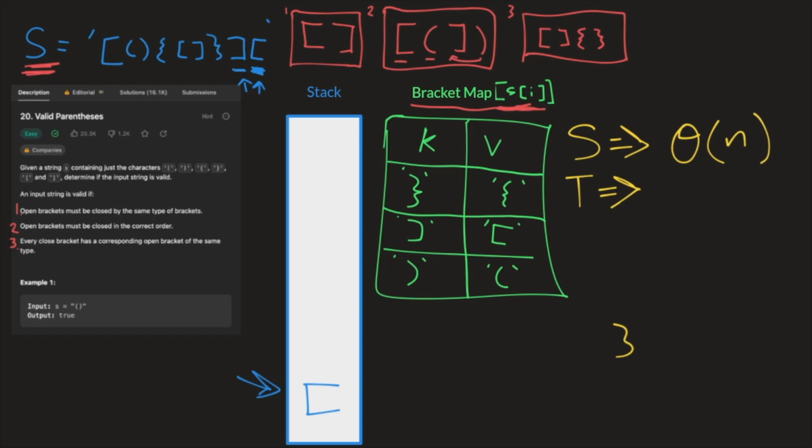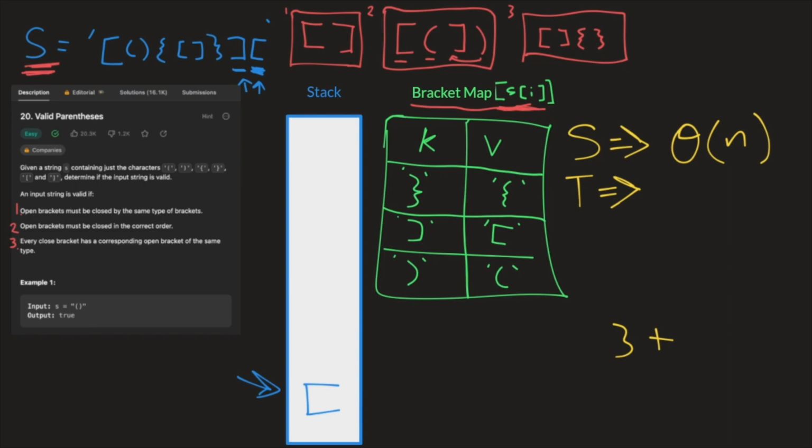So we've got 3 plus the size of our stack. And in the worst case, our stack could end up being the entire size of n. Imagine if every single character in our string was an opening bracket.